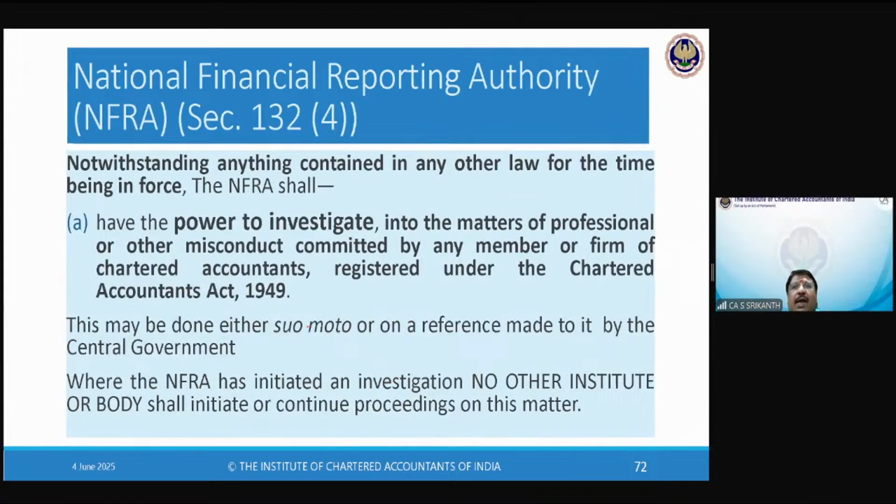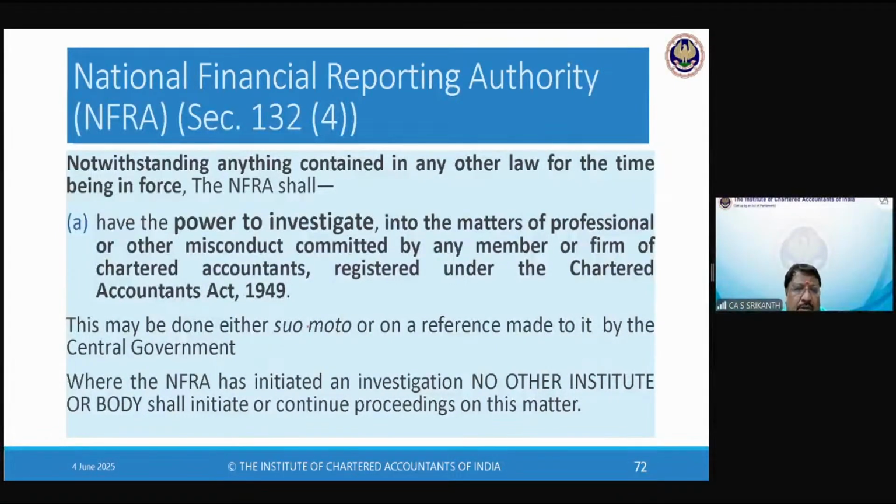Okay, notwithstanding anything contained in any other law for the time being in force, the NFRA shall have the power to investigate into matters of professional or other misconduct committed by any member or firm of chartered accountants registered under the Chartered Accountants Act. So long as that company audit comes under NFRA.